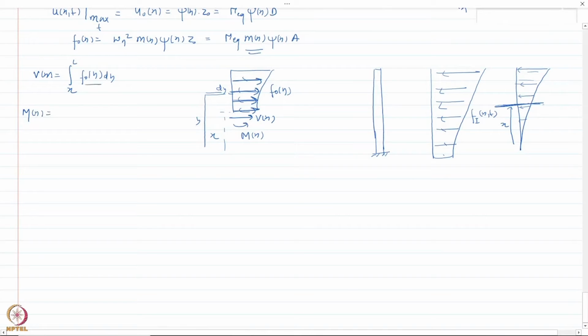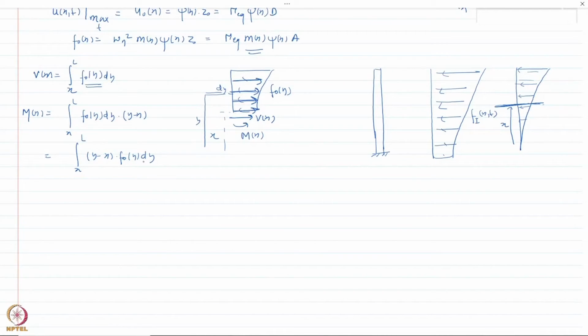I am going to utilize the same expression here, x to L. This would be the moment of this force F dy, and the lever arm would become y minus x. So let me rearrange this expression. This becomes y minus x times F naught y dy integrated from x to L. So these two expressions we utilize to get the shear forces and moment at any height x.